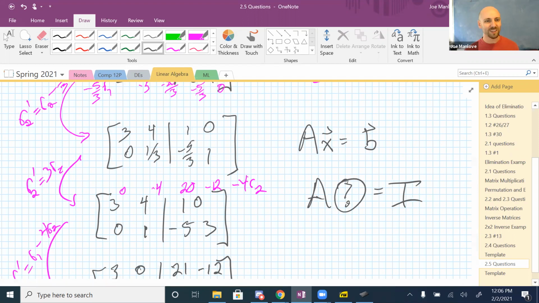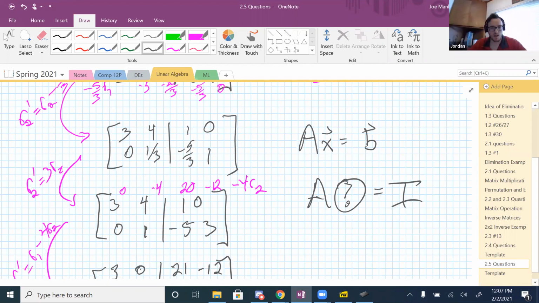It's a little bit weird to think about that like, oh, the thing I'm solving for is a little matrix. And the way I'm getting it is I'm taking the equation A times something equals I, and I'm treating this something now as a 2-dimensional object instead of a 1-dimensional, as a 2-column object instead of a 1-column object. But the thought process is the same and it works the same way. You guys all good on that?